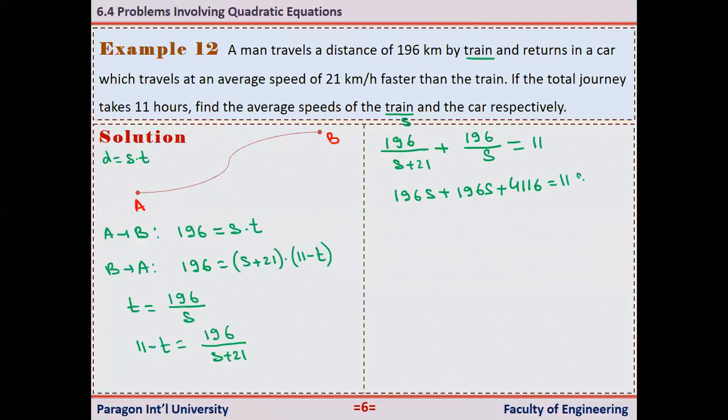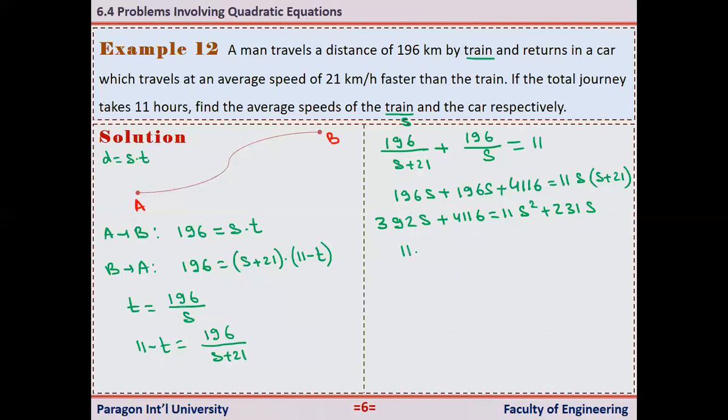Here we have 11s times s plus 21. If you simplify this, 392s plus 4116 equals 11s squared plus 11 times 21s, which is 231s.